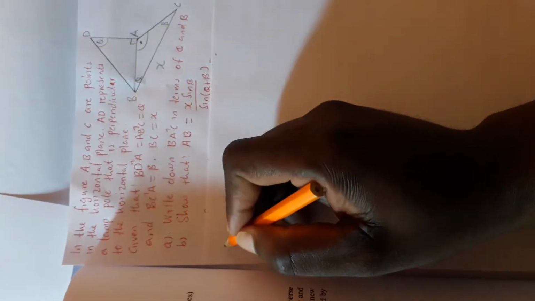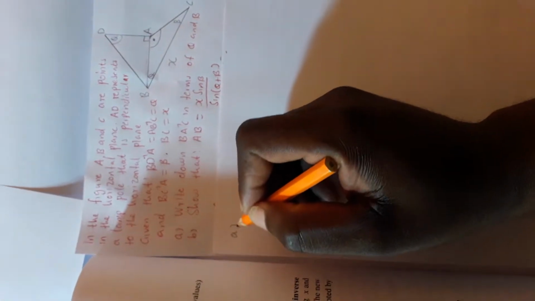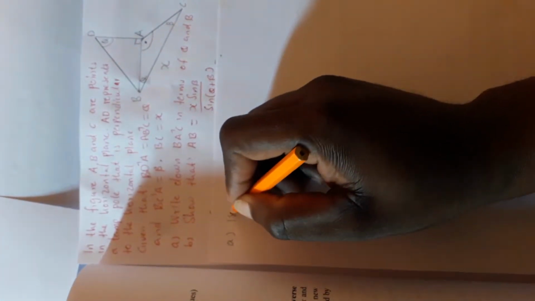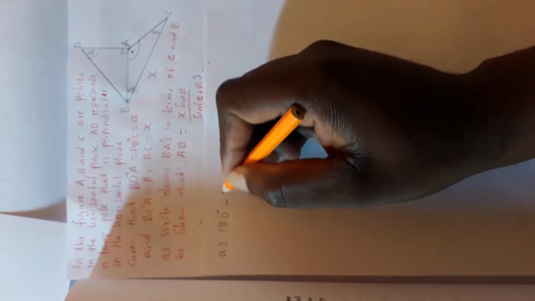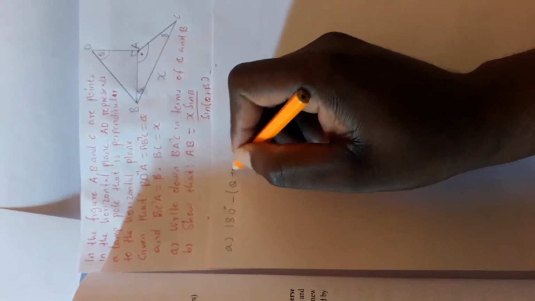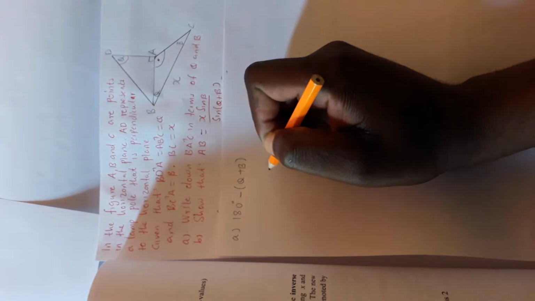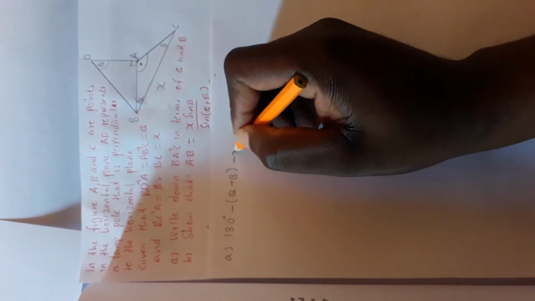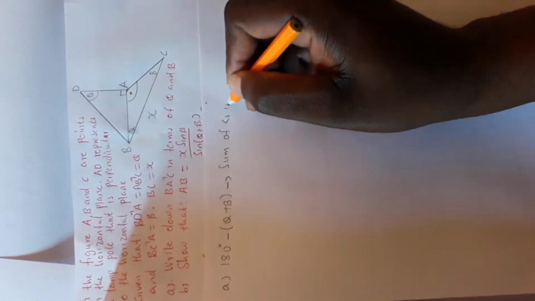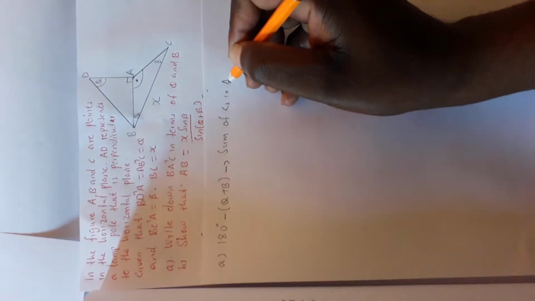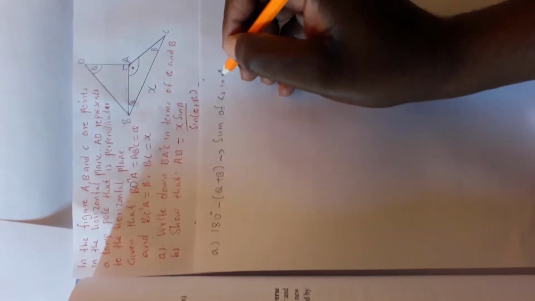So the solution for part A will be 180 degrees minus (theta plus beta). The reason will be sum of angles in a triangle. So now we are done with part A.